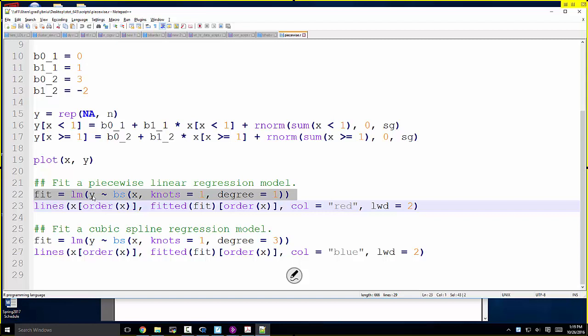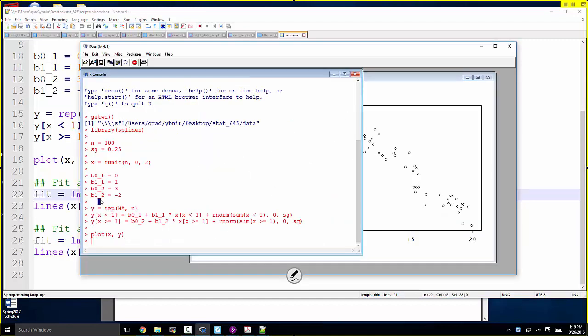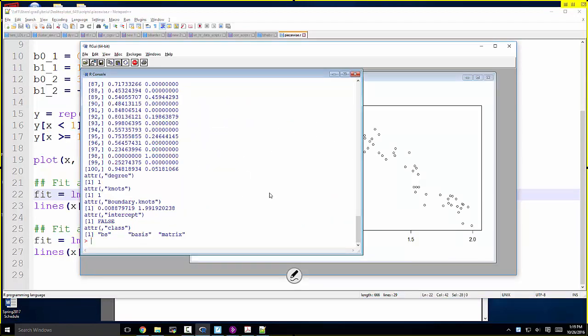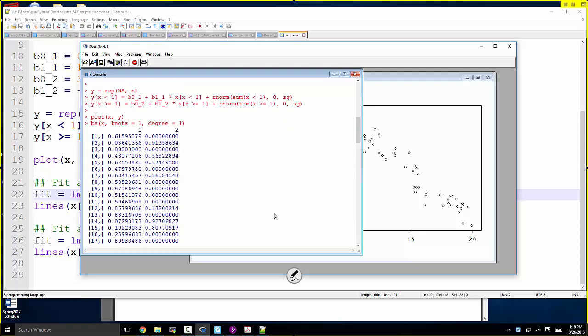It's saying y tilde a design matrix. BS is going to give us a design matrix. I'll show you what it looks like before we run the LM command. This is what BS returns when we ask for a piecewise linear function.